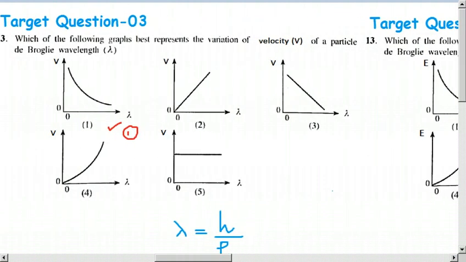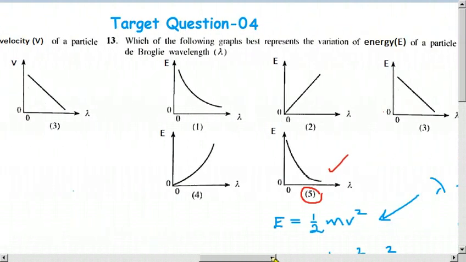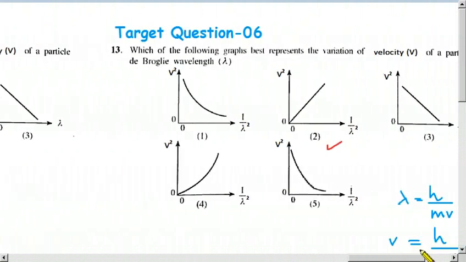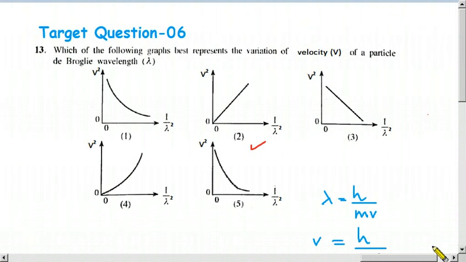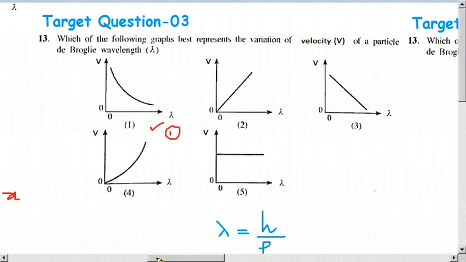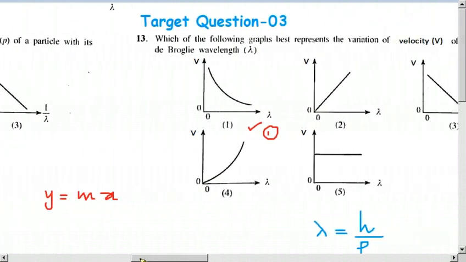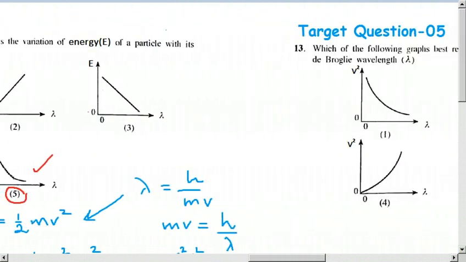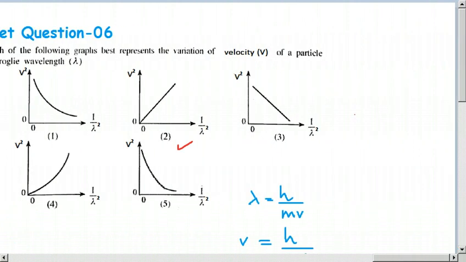Target questions 3, 4, 5, 6, altogether we did 7 questions. I think you are happy. I think I deleted the second one by mistake, but surely I did it. If not, I will do it again.